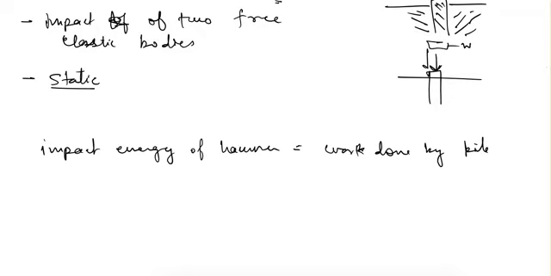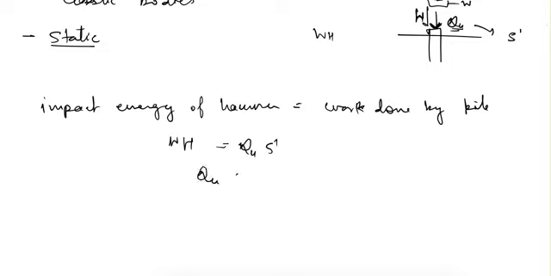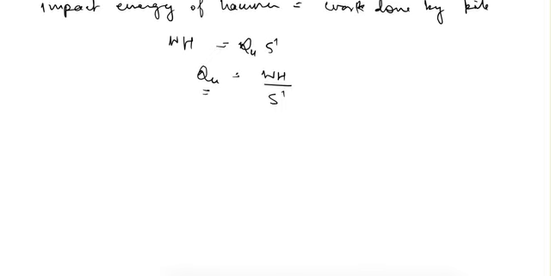Let's say W is the weight of the hammer and H is the height of fall, then WH is the impact energy. For the work done by the pile, let's say QU load is being applied on this pile, and because of that there is a settlement of S dash. That is the work done of the pile, and from here we can find our ultimate resistance or ultimate pile load capacity as WH upon S dash. Using this basic equation, different people gave different formulae.